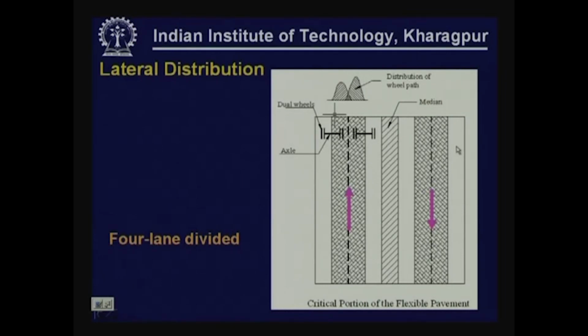So, there can be only overlap of vehicle paths of the vehicles traveling in a particular direction. As you can see here, the central portion gets loaded by the left hand side and right hand side wheels of the vehicles traveling in the same direction. So, we have to identify that patch, and also estimate the percentage of vehicles having their wheels in this patch.